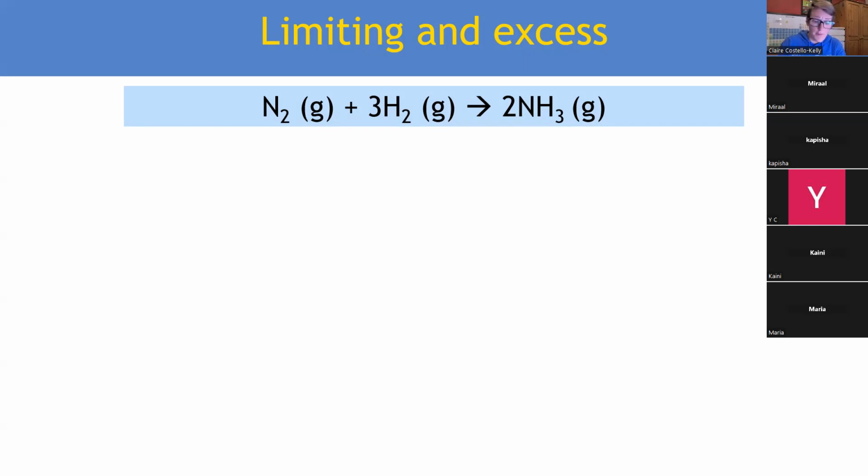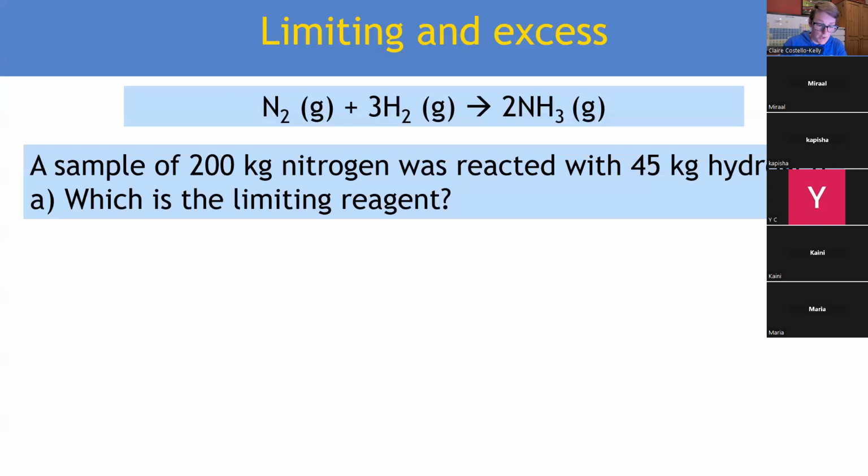Okay, so we have this little equation, and the question is about identifying the limiting reagent. So this is not a hard calculation, but I think sometimes students struggle with, how do I show my working?